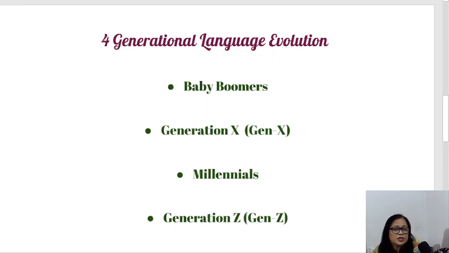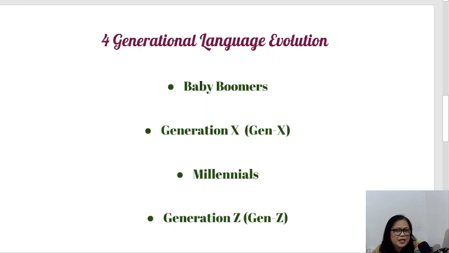The same goes for Generation X. Although there was a bit of technology compared to the boomers, their communication was slightly altered by some texting or different language being added.